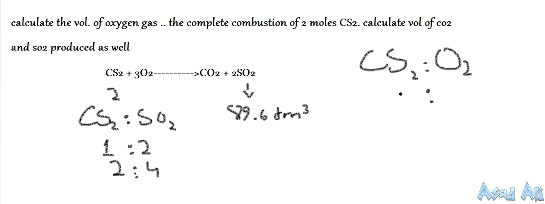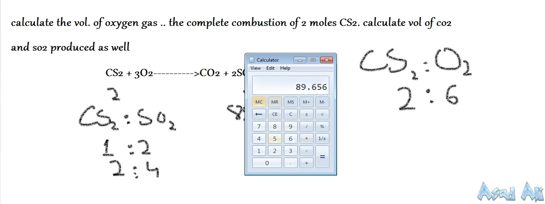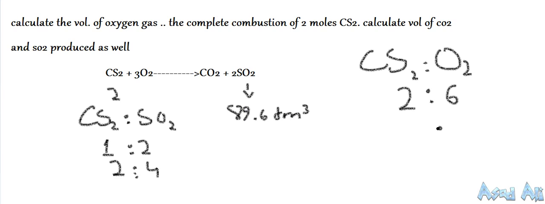So if we are utilizing 2 moles, we have to go for 6 moles of oxygen molecule. Now 22.414 multiplied by 6 is 134.4 decimeter cube of oxygen used.